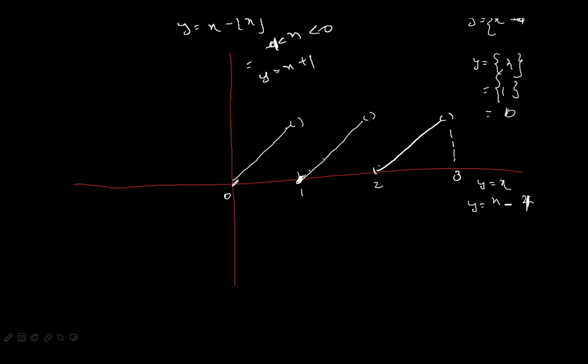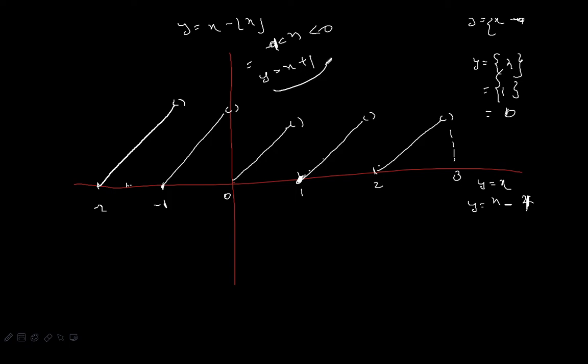It will touch the x axis at x equal to minus 1 and it will go like this and have an open bubble here. Same here also, x equal to minus 2. So it will go on like this.